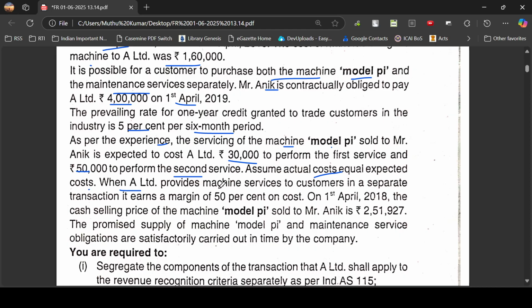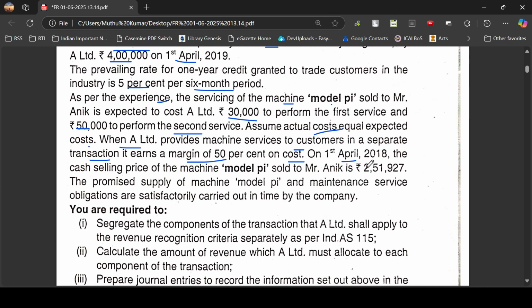Mr. A provides the machine to a consumer in a separate transaction and earns a margin of 50% on cost. On the 1st April 2019, the cash selling price of the Pi model was 2,51,000. The promised supply of the machine, Model Pi, and the maintenance service obligations are satisfactorily carried out by the company.